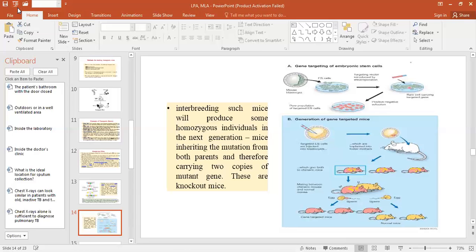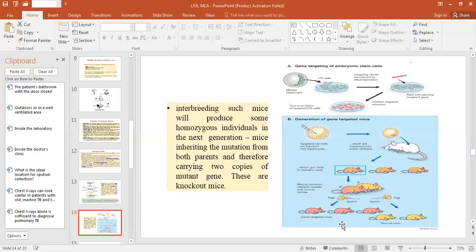So we can synthesize this mouse. First, these cells are not a complete mutant, a complete knockout. The stem cells are then implanted into the host embryo to grow. Mice with different colored fur are usually selected as the host so that it is clear which mice have the mutant genes.